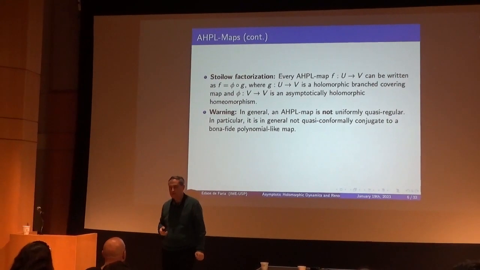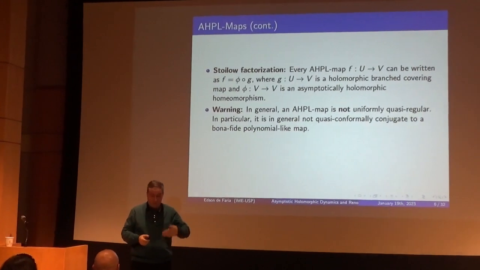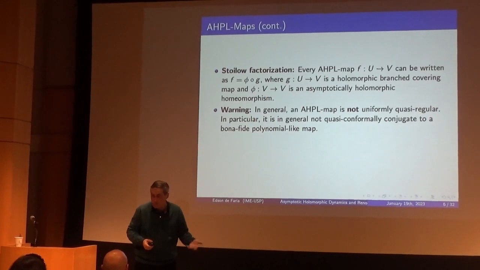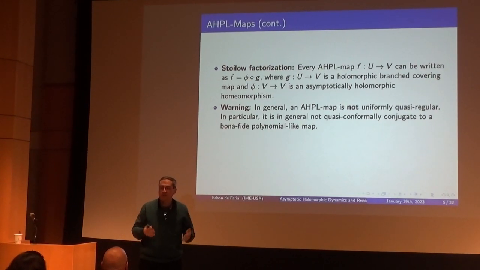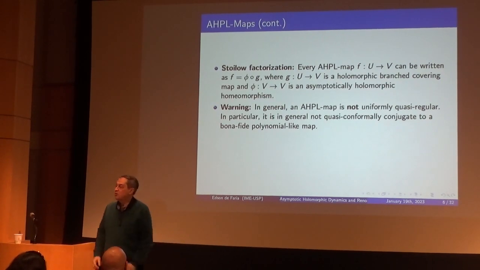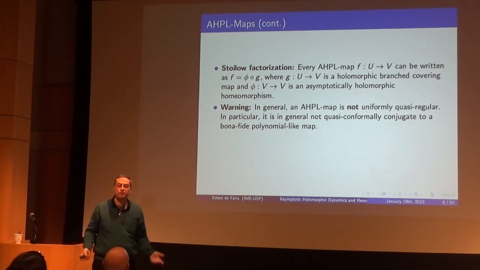Away from the critical point, the map is a local diffeomorphism. Yes, but it's not uniform. As you iterate, you see. But locally quasi-conformal. No, but you have to iterate anyway, right? To find a local conjugacy, you have to iterate anyway.